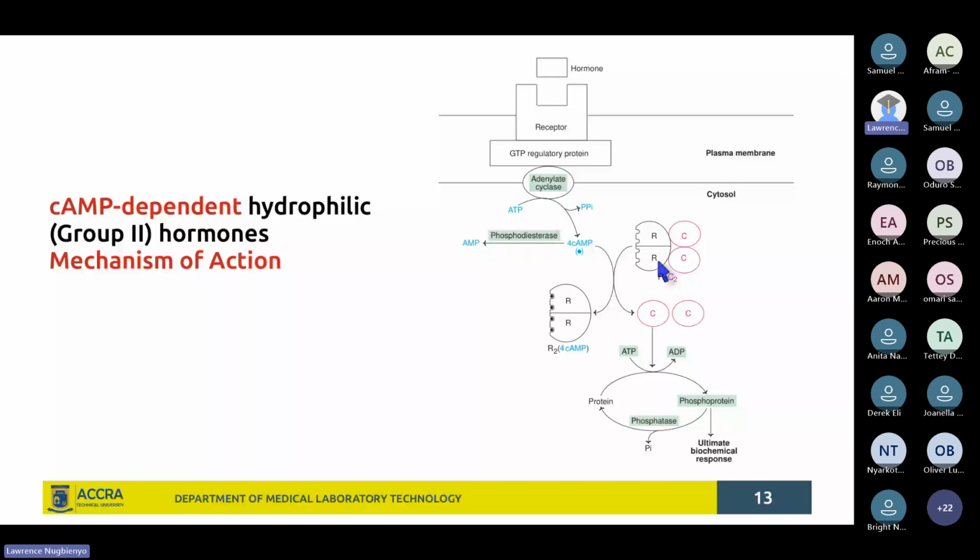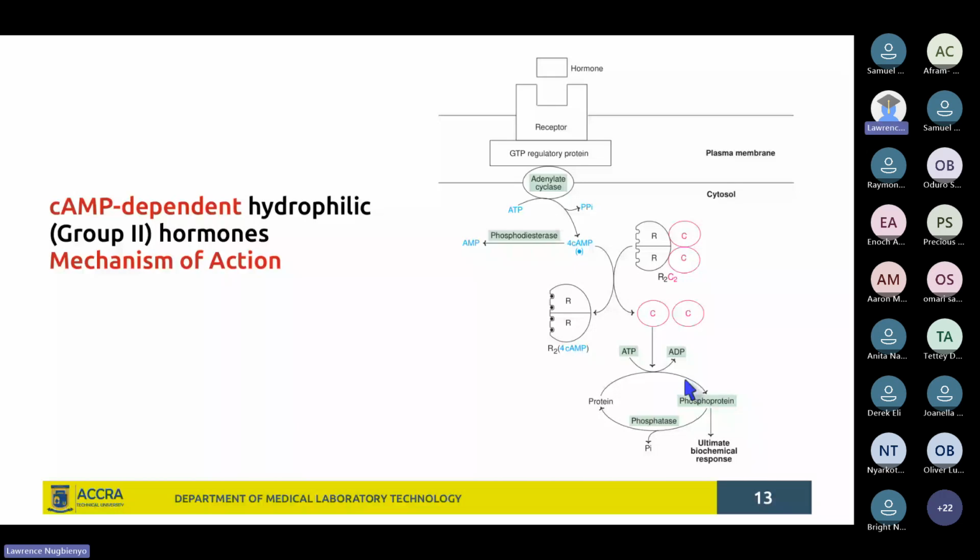If you look at the R as a repressor, when it is bound onto those catalytic portions, they are inhibitors, repressing the activity of the enzyme. And when cyclic adenosine monophosphate binds onto that regulatory portion, it dissociates away from the catalytic portion of the enzyme. And that catalytic part of the enzyme can now catalyze the phosphorylation of a protein. That can be an enzyme, which is a protein.